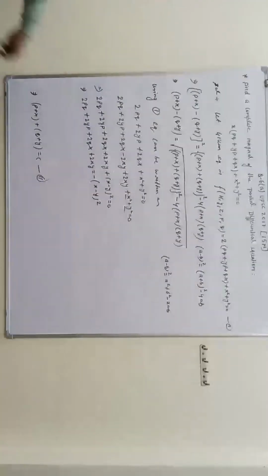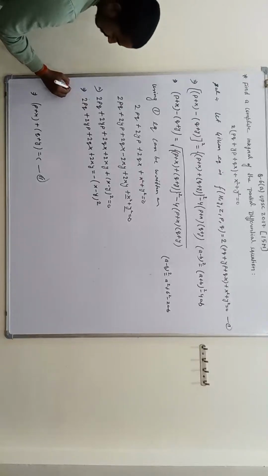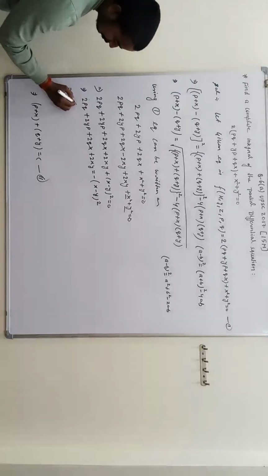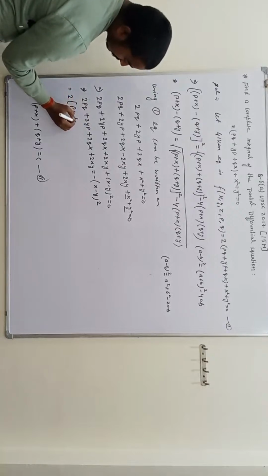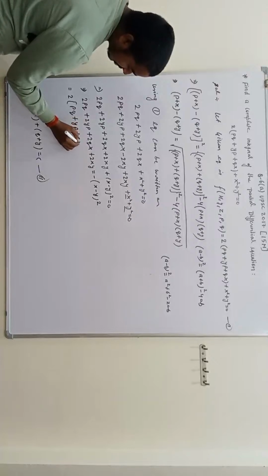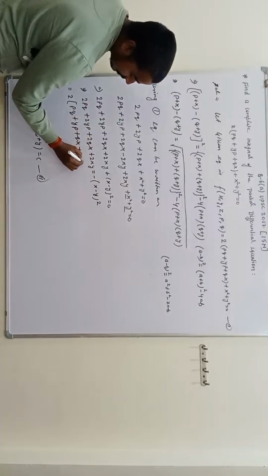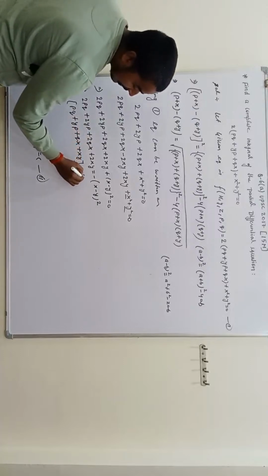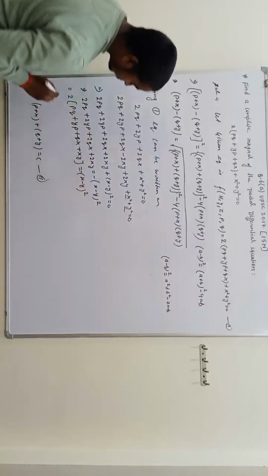From here we take 2 common from the left hand side, that is pq plus yp plus qx plus xy is equal to (x minus y) whole square. Here the sign is minus.